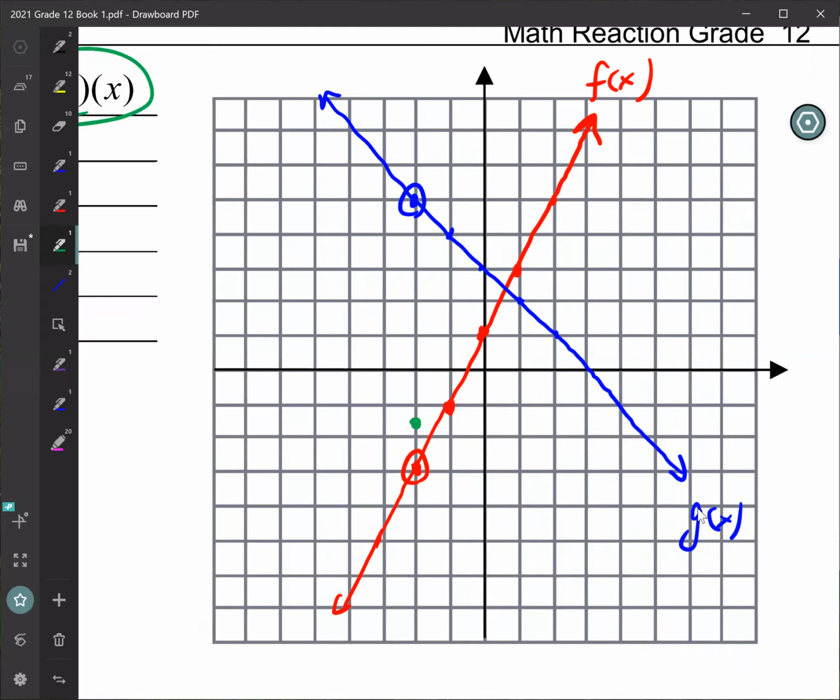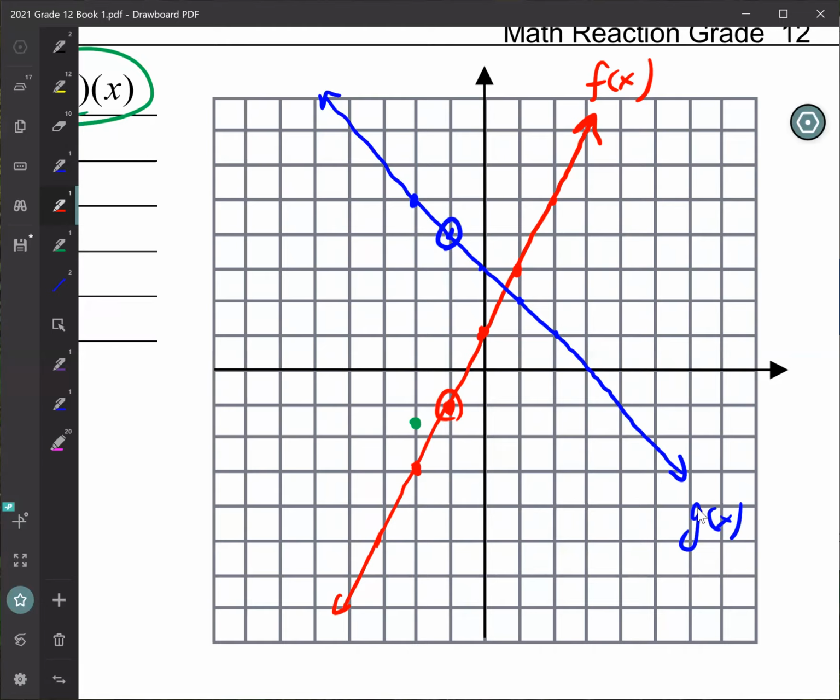That's how you get the first point. Let's do one more. For x equal to -1, we have this point and this point, so that's a 4. 4 divided by -1. What's 4 divided by -1?